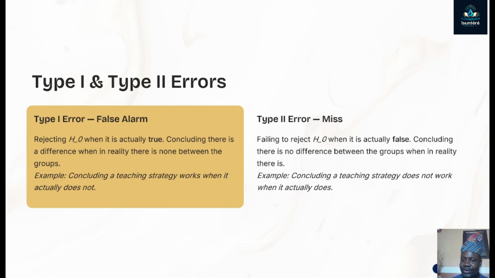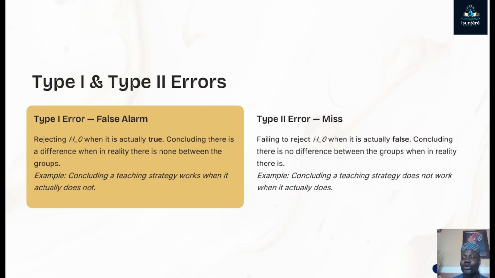Type 2 is more dangerous, and that is why the probability value in medical sciences and engineering is always set at 1%. That very low probability value makes them avoid what we call type 2 error.